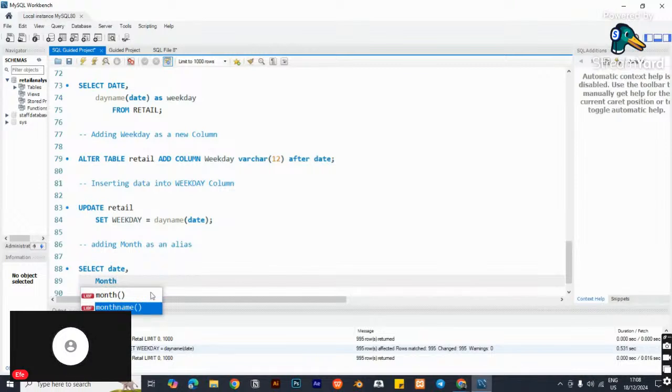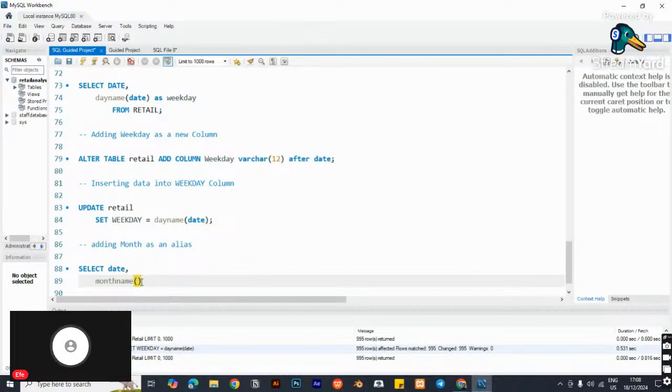So we click on the library function month name, and just like every Excel date function, these are like date functions in SQL, right? Like in Excel, we have date functions, text functions, logical functions. There are a lot of functions. So this is just what it is in SQL.